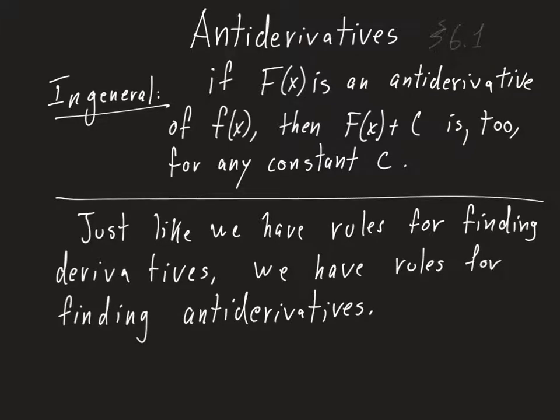And what I'm going to do for the rest of this lecture is go through all of these different rules, and you'll find that they're all pretty similar to the rules that we had for derivatives, and in fact, they're basically just going to be reverse engineering those. All right, so let's get to it.